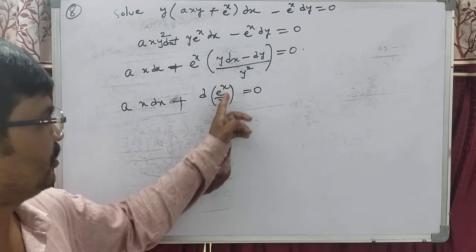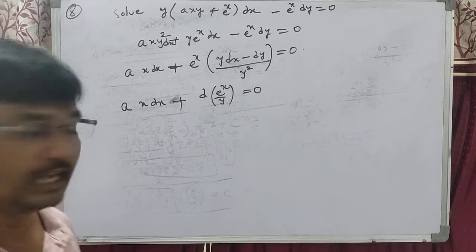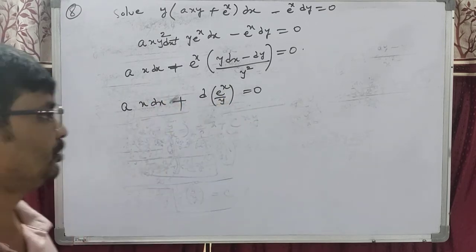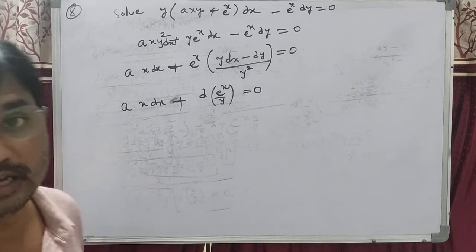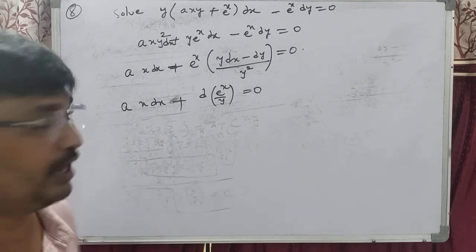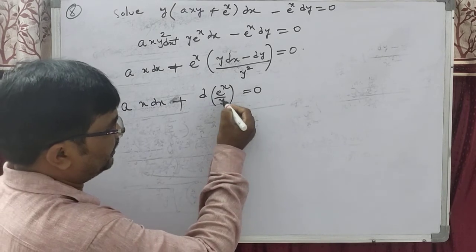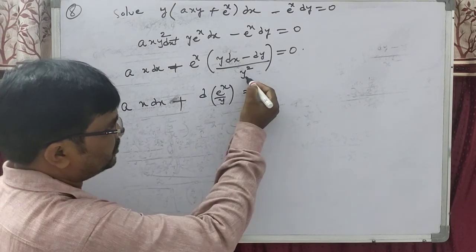Compare this with u by v. When taking u by v, the derivative is undoubtedly v u dash minus u v dash, by v square. So the denominator is y, and there is y square.